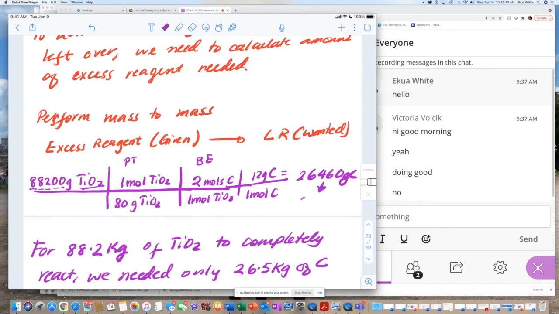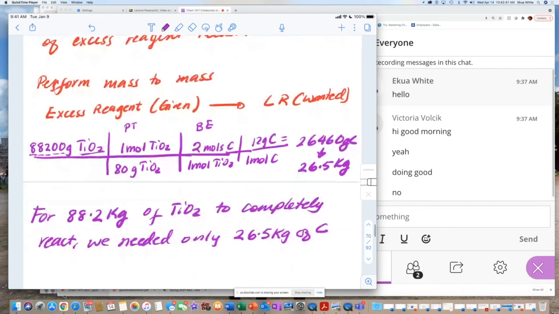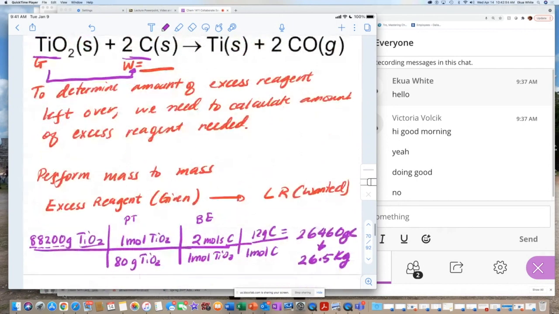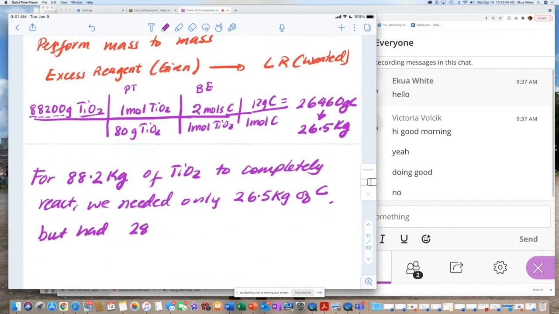So I just converted this number to kilograms, 26.5 kilograms. That's all we needed. But they gave us how much? 28.6 kilograms of carbon. What a waste, right?